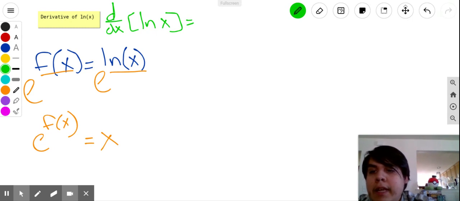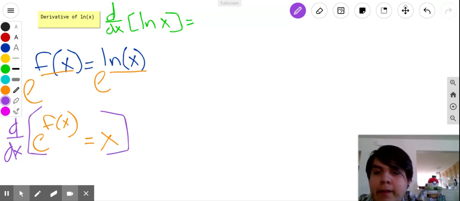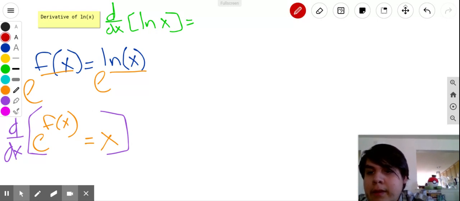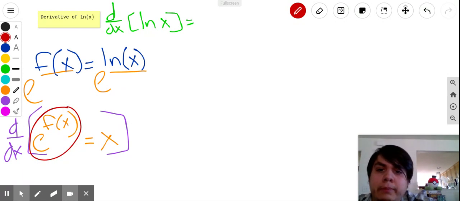So, let's go ahead and take some derivatives. All right. Now this part right here is going to require a little bit of a chain rule. It's going to be the derivative of the outer function times the derivative of the inner function.